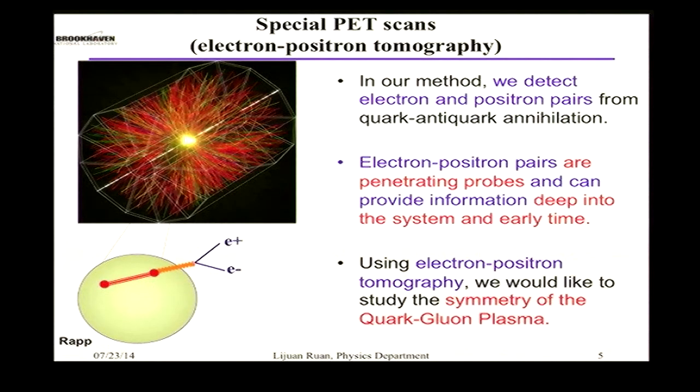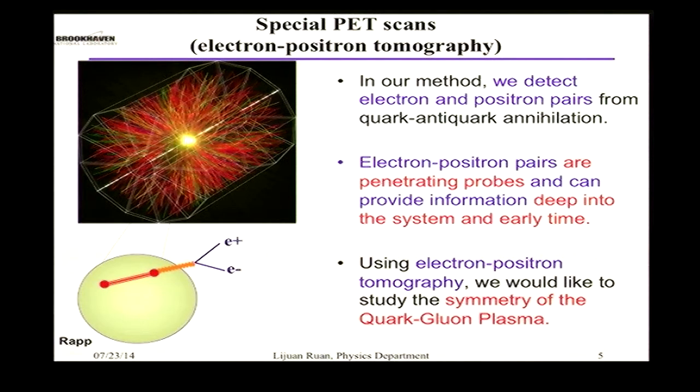The special PET scan I'm discussing here is basically electron-positron tomography. And here shows you the cartoon. In our method, we detect electron and positron pairs from quark and antiquark annihilation in the quark-gluon plasma. And as I said, electrons do not interact with matter strongly.